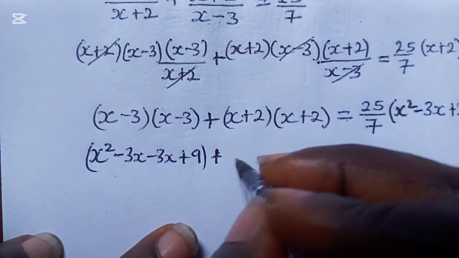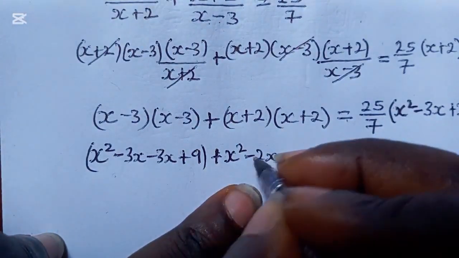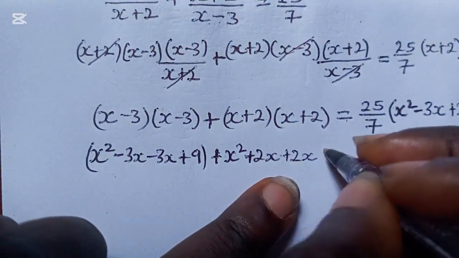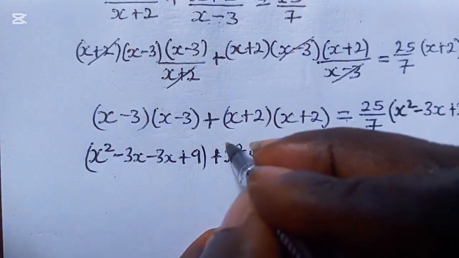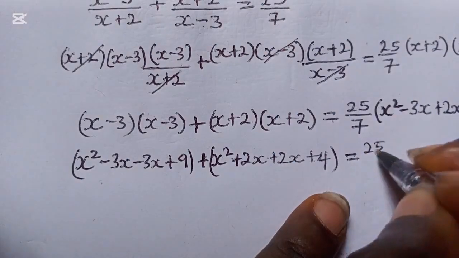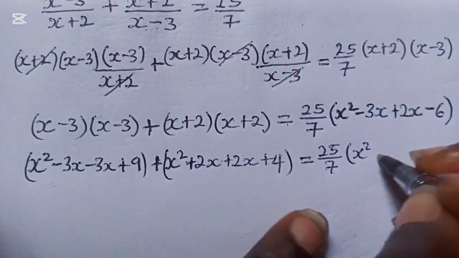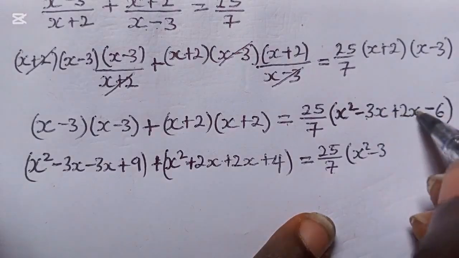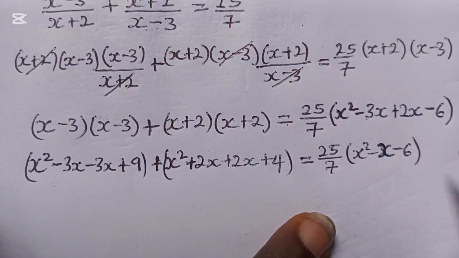Then we have plus x square minus 2x plus 2x plus 2x plus 4 equals to 25 over 7 into x square minus x, your minus 3x plus 2x gives us minus x, minus 6.